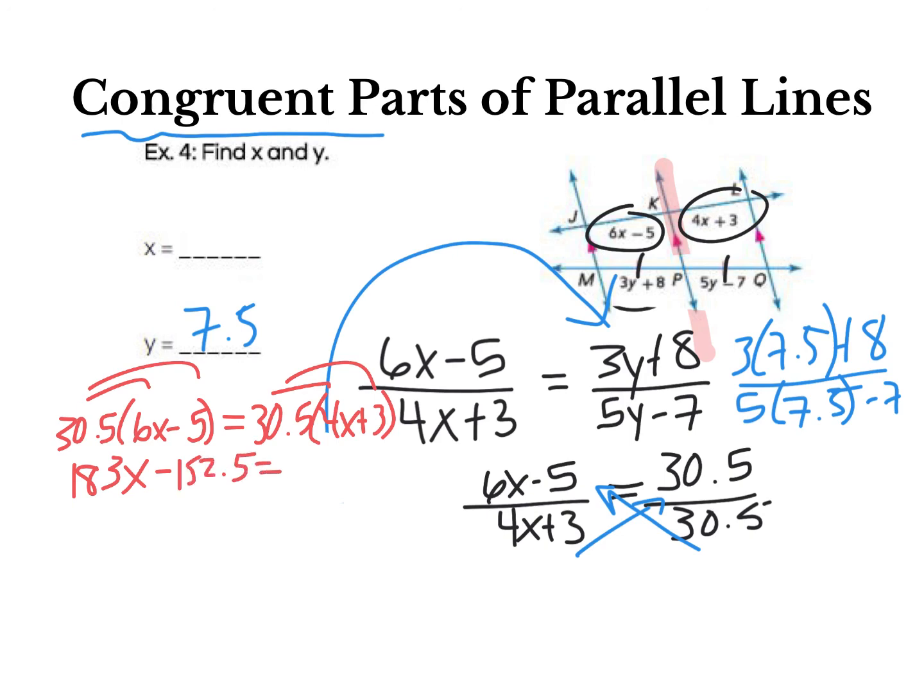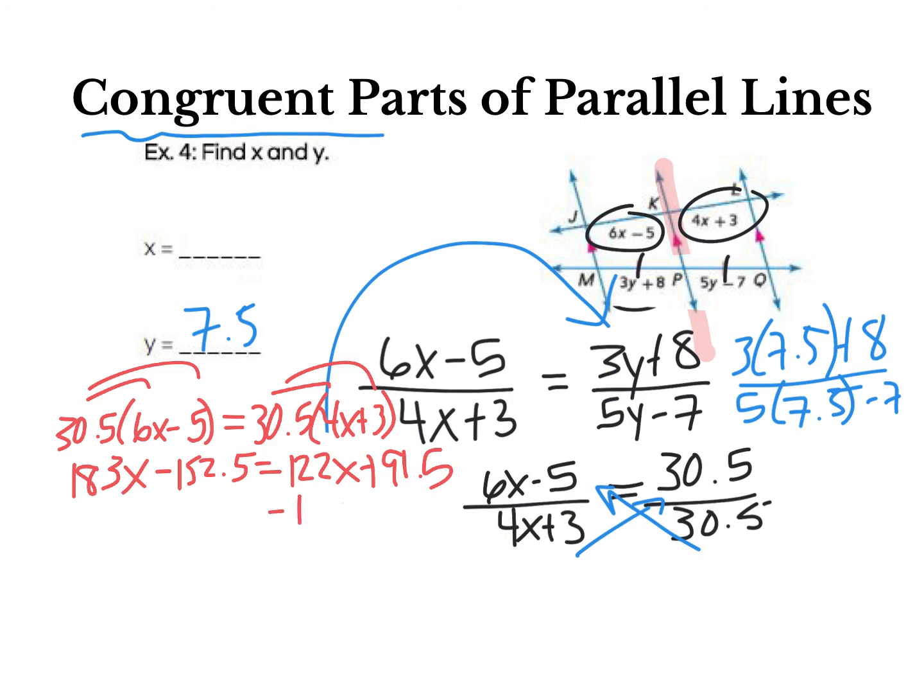On the right side, we distribute more, right? We have 30.5 times 4x, which is 122x. And then 30.5 times the 3 gives you positive 91.5. It's still solving for x, I just have to deal with some decimals here. So I'm going to combine like terms.